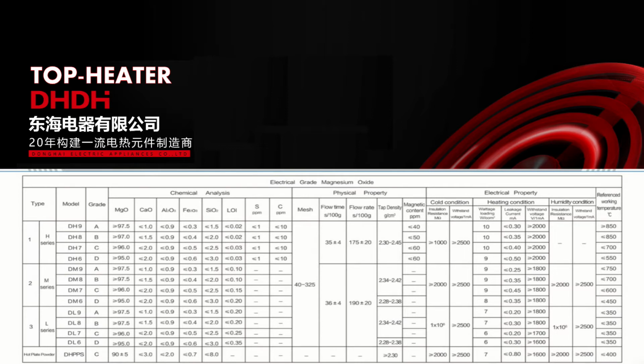And before samples, maybe you want to consult us what MgO grade we suggest, and here please tell us what heater you plan to produce, material, working condition, working temperature, and maybe the thickness. So we have to understand the details of your heater.